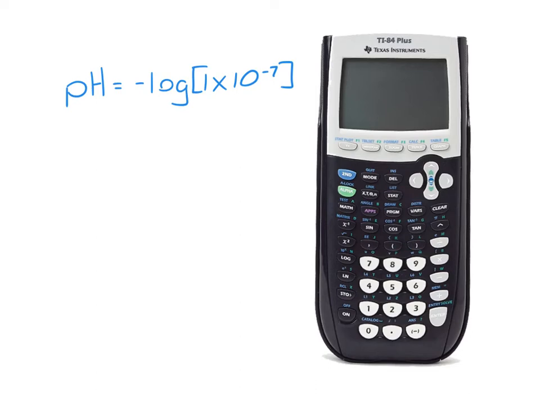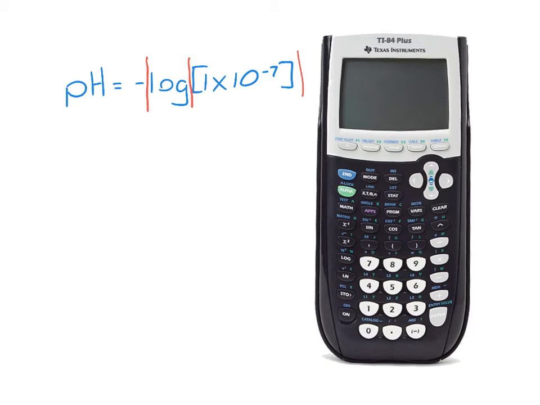But remember, this is going to be divided into sections. I'm going to first show you all the buttons you're going to hit. You're going to hit the negative, you're going to hit the log, and then you're going to plug in the number. I'm going to show you what it would look like on the printout too.